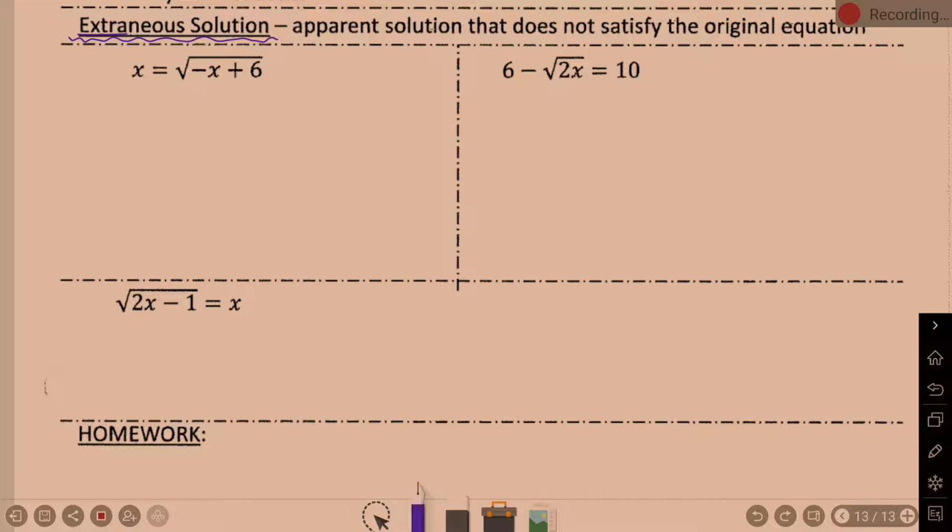Meaning, is this radical the only thing on this side of the equation? Yeah, it's just the square root of what's underneath it. So we're ready to jump right into squaring it. If we square one side, we square the other side.